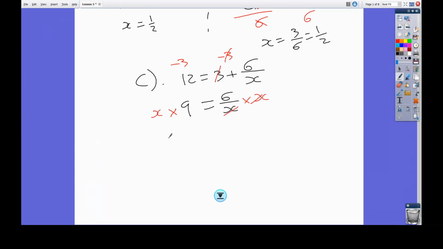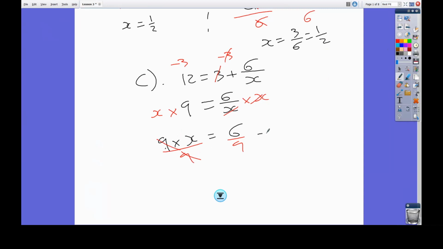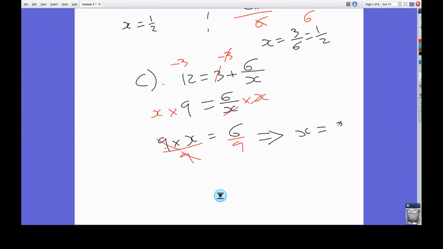So that means I have got 9 times x is equal to 6. Opposite of times is divide. We can just divide both sides by 9. So I get x is equal to 6 over 9, which simplifies to 2/3.